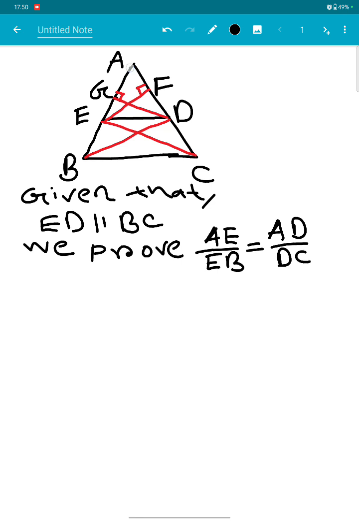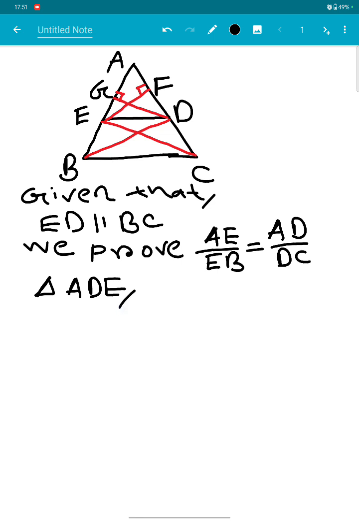That means AE divided by EB equals AD divided by DC. Okay. At first, from triangle ADE, what we find?